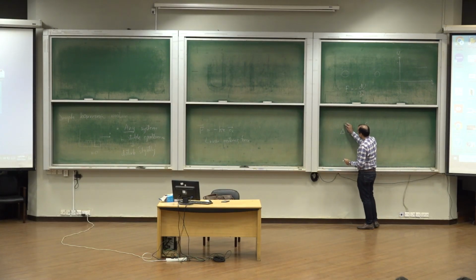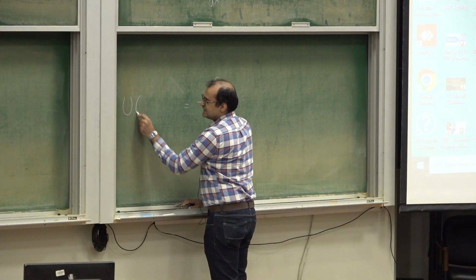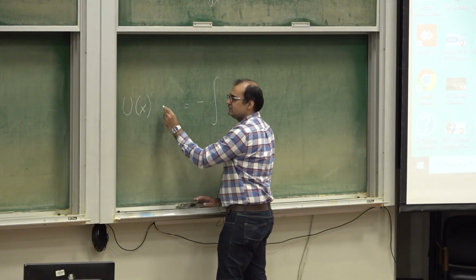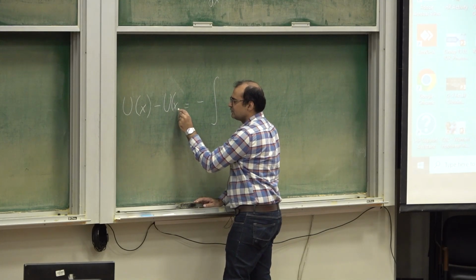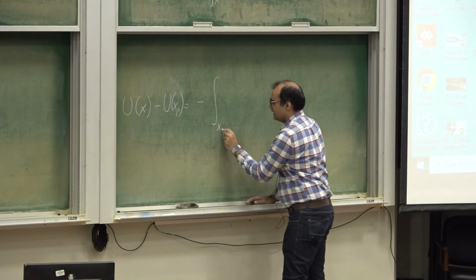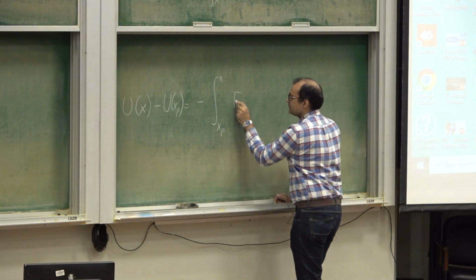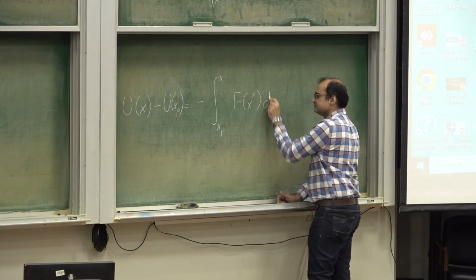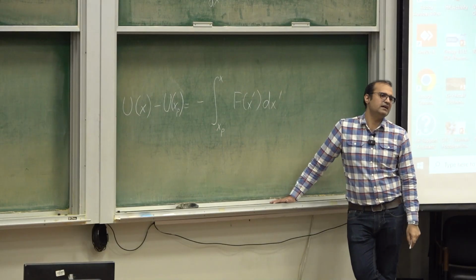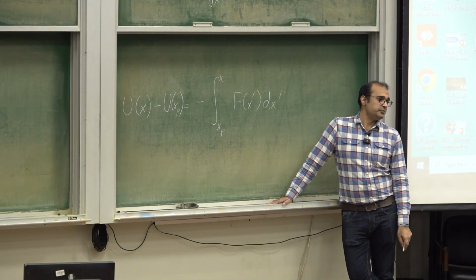In particular, if you're looking at the potential energy function at a point, you take a reference point xp and you do that. Remember this? That is your definition of potential energy.